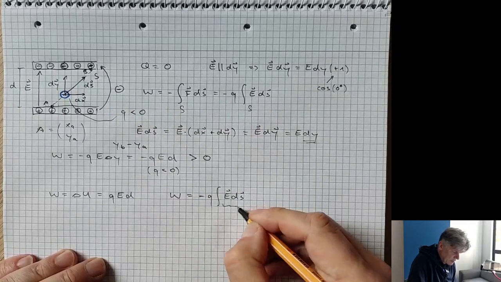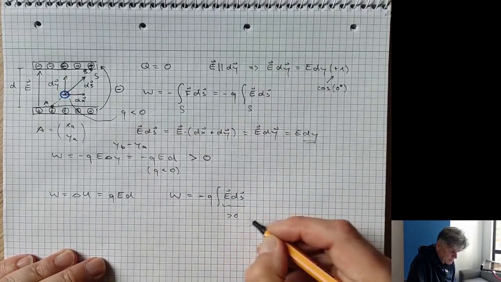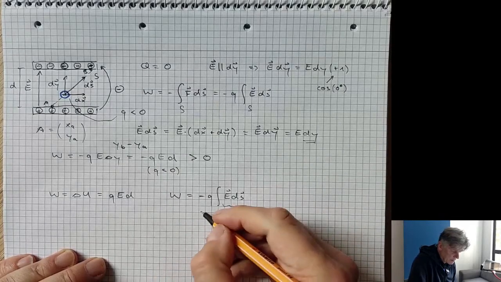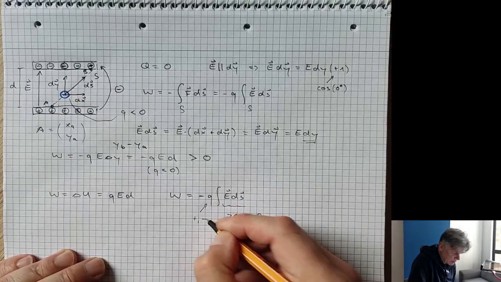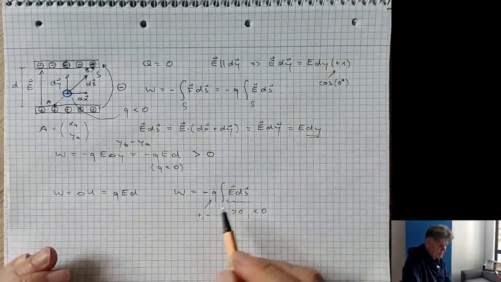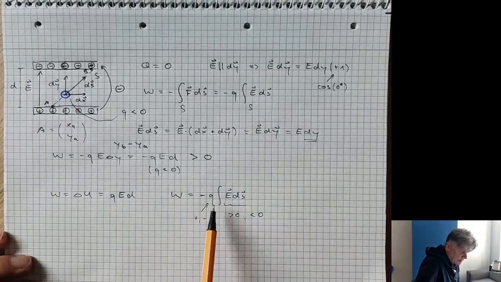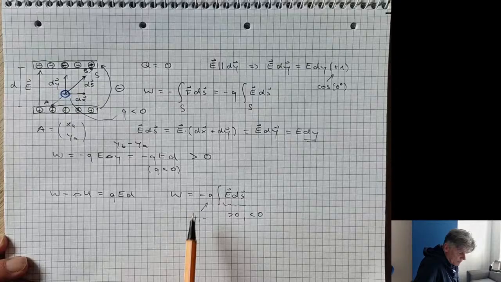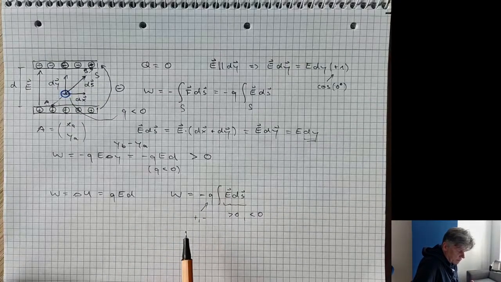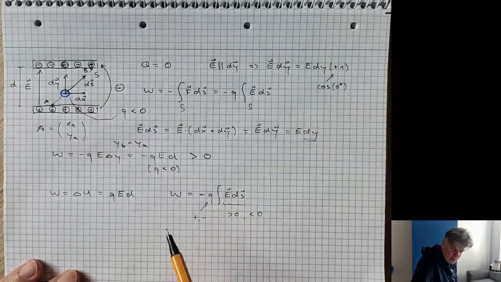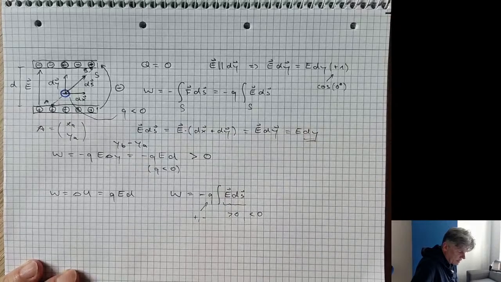So this can be either greater than 0 if it's parallel, or less than 0 if it's antiparallel. And together with this sign, which can also be plus or minus in the Q, the charge itself can be larger or less than 0. The work becomes positive, always positive, when we apply the work to the system, and it always becomes negative when the work is done by the system.